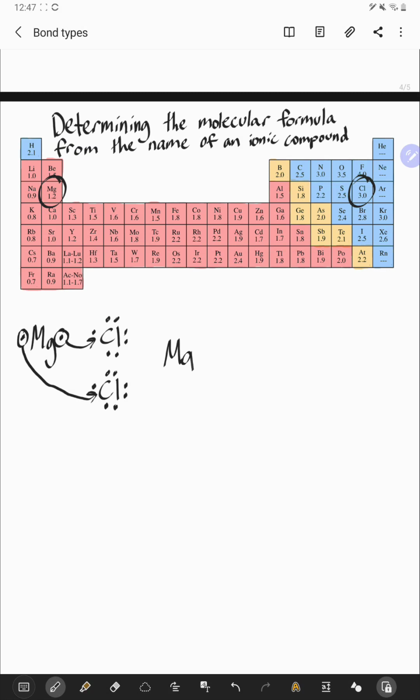So magnesium, we have 1 magnesium, and for chlorines, we have 2 chlorines. However, there's no need to write the 1.